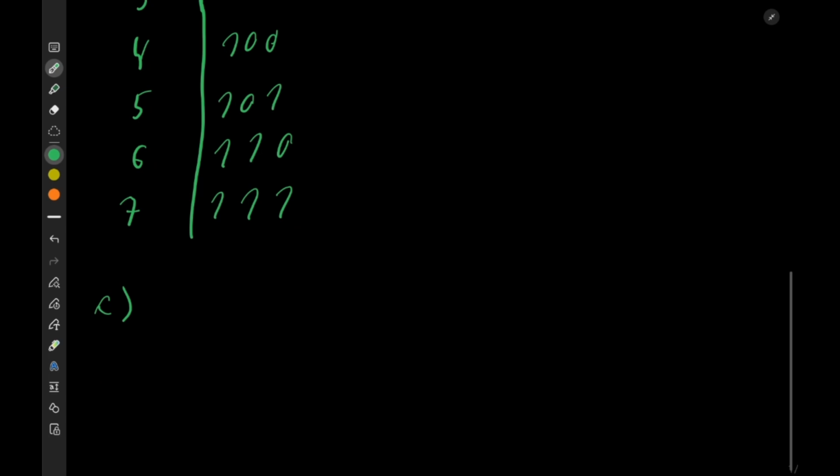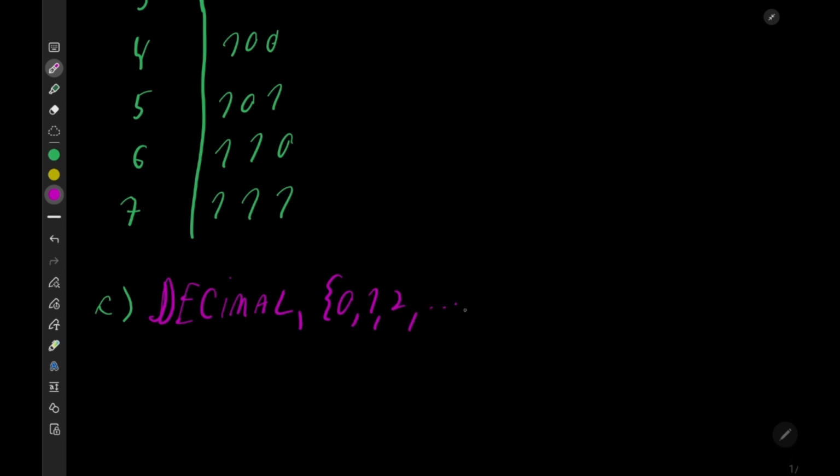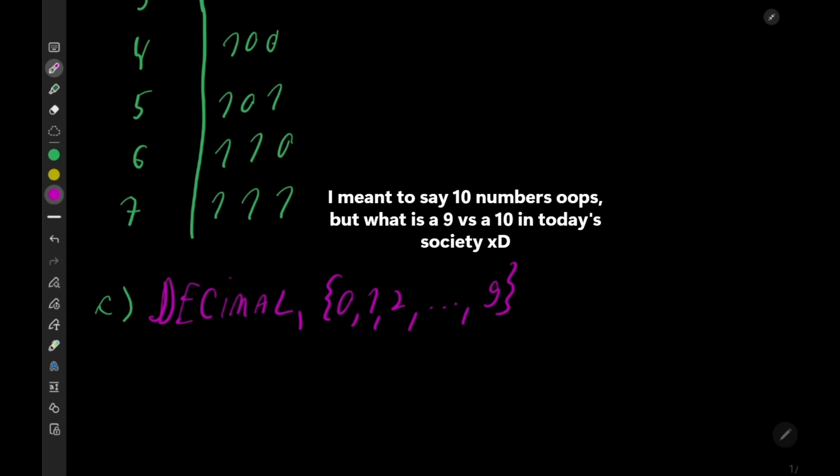Now C. C is going to be our decimal. How do we write decimal? Well, decimal is 0, 1, 2 to 9. Because guess what? 10 numbers are from 0 to 9.